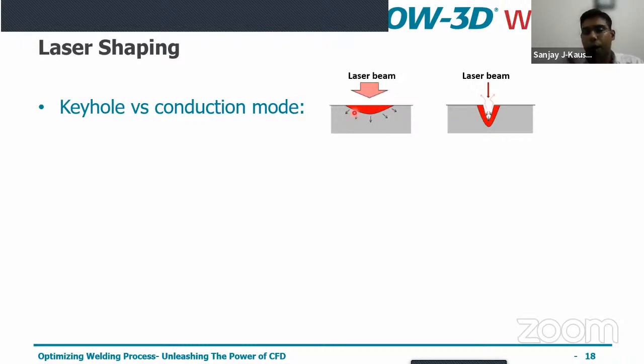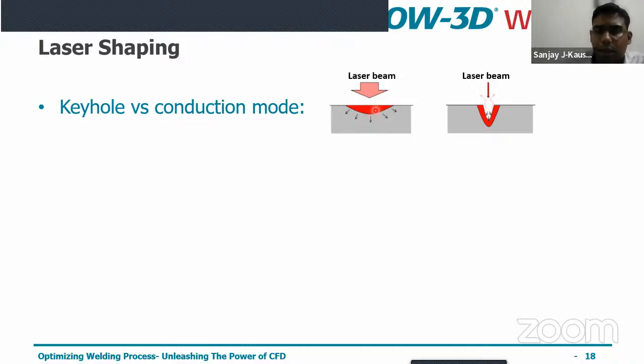Conduction mode is much more like a thick beam, and it doesn't penetrate deep, but it focuses only on a very small depth. Whereas in keyhole, the area of the region is very small, but the depth is very high. Whereas in conduction mode, the area is quite large, but the depth is very small. So there are these two kinds of welding, keyhole welding and conduction mode welding.